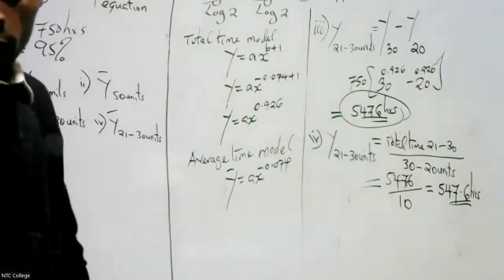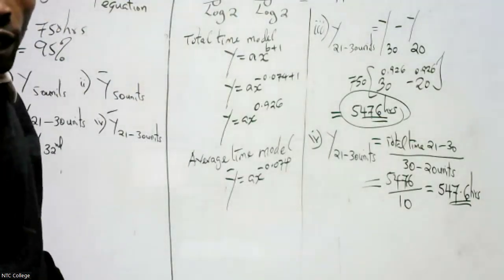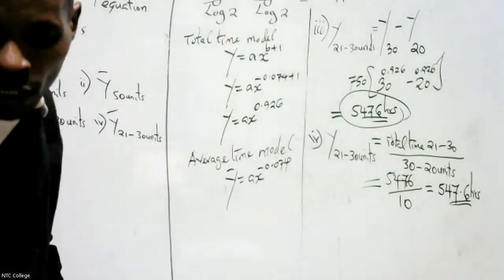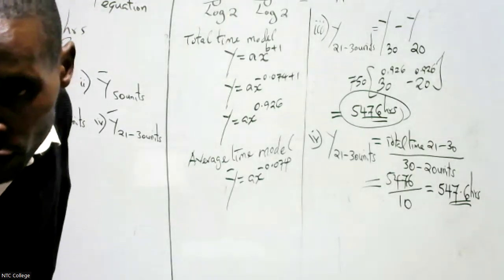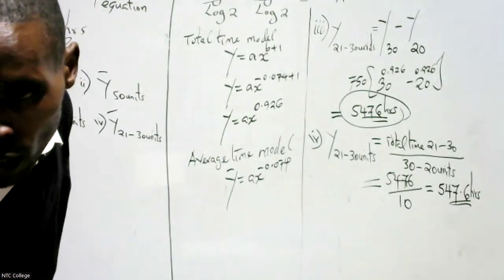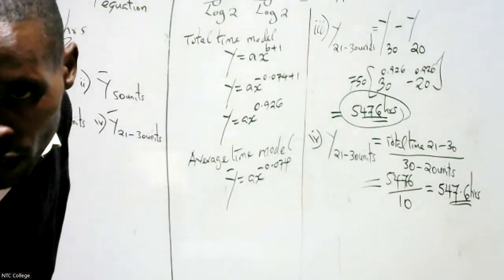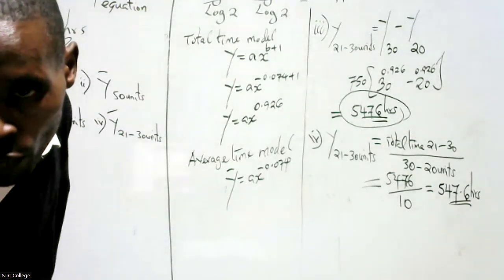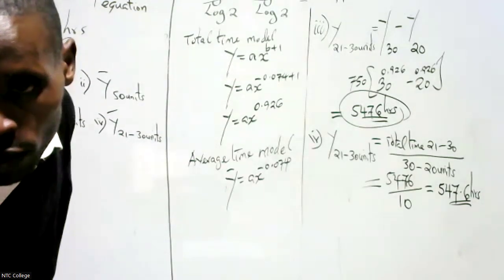Are we together? I've told you when we have the cumulative units, use the literal way to calculate the average time and not the model method. Good, good.